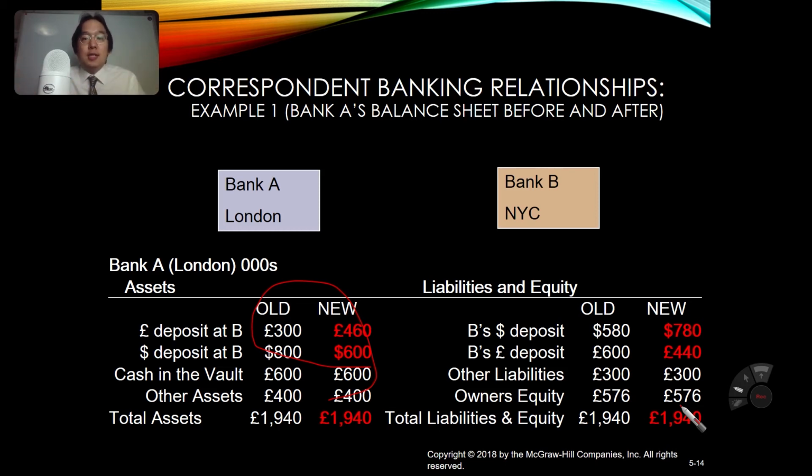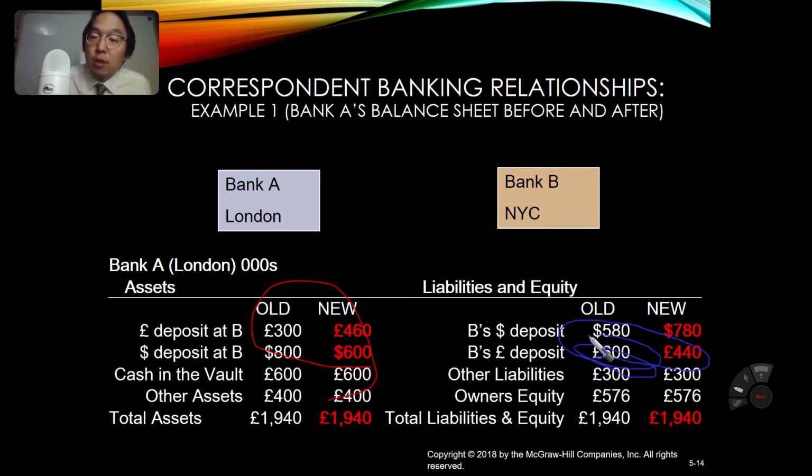But the thing is, Bank A's liabilities, a significant part of the liabilities is deposit accounts of various parties, right? And Bank B has a deposit account in Bank A. So correspondent banking relation tells that with this transaction, Bank B's pound deposit will go down because Bank B gave it to Bank A. Let me change the color over here.